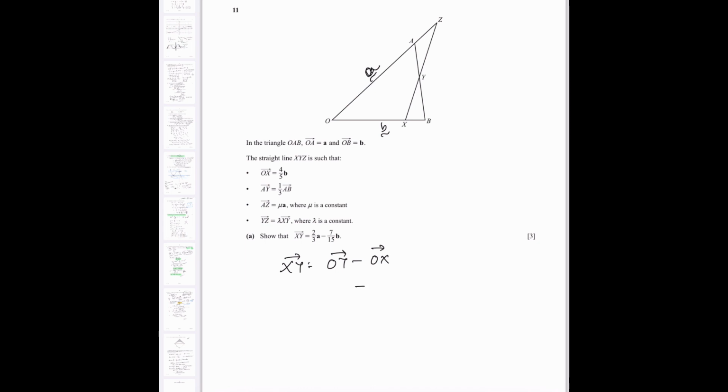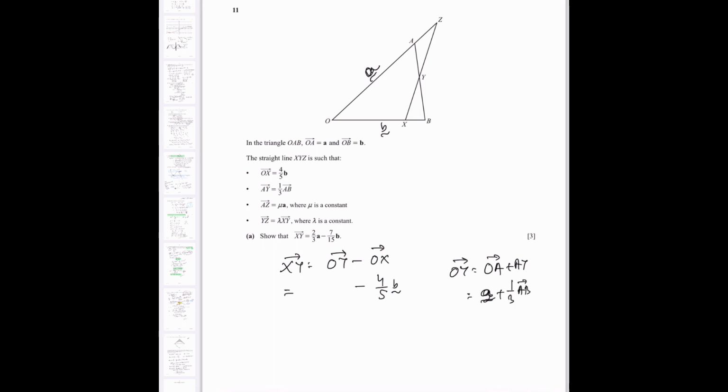So OX is 4 by 5 b. It is already known. OY can be OA plus AY, and now OA is a, plus AY is 1/3 of AB.